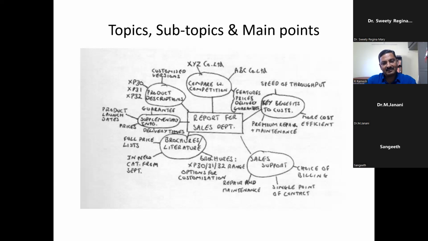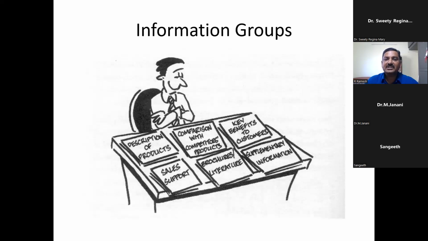You can do it online or manually, so that you will be able to come out with information groups to write your thesis in a structured way. You must find out what the various information groups are, how I can classify them, which goes with which, and which can appropriately sit where, and that way I can form some information groups.